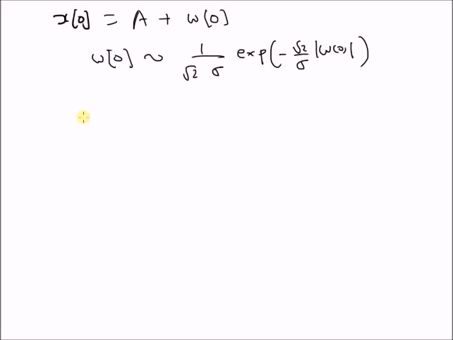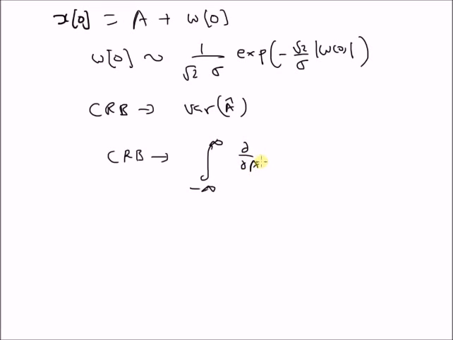Now our goal is to determine the CRB for the variance of the estimator A hat, where estimator A hat is trying to determine the value of A. In the previous video, we learned that for a linear model with noise component following an arbitrary probability distribution, CRB is given by integral minus infinity to plus infinity the derivative of the probability distribution P of u whole square divided by P of u du.